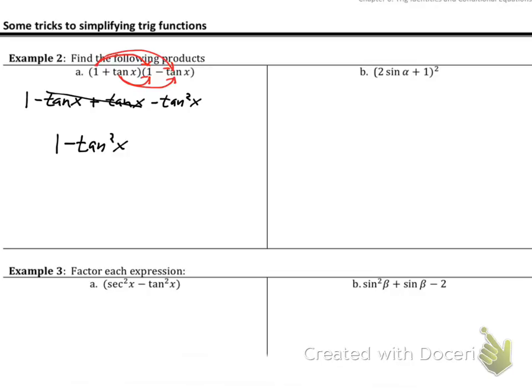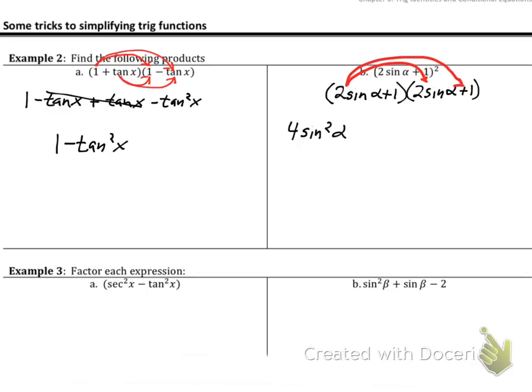If I have 2 sine alpha plus 1 squared, we do have to remember that squared is the whole thing, so it's 2 sine alpha plus 1 times 2 sine alpha plus 1. But we're going to follow the exact same thing we did on the other one. We're just going to distribute this 2 to that 2 sine. Well, 2 times 2 is 4 sine squared alpha.